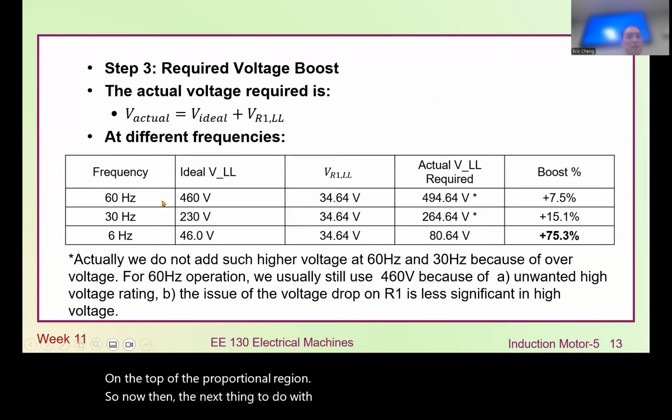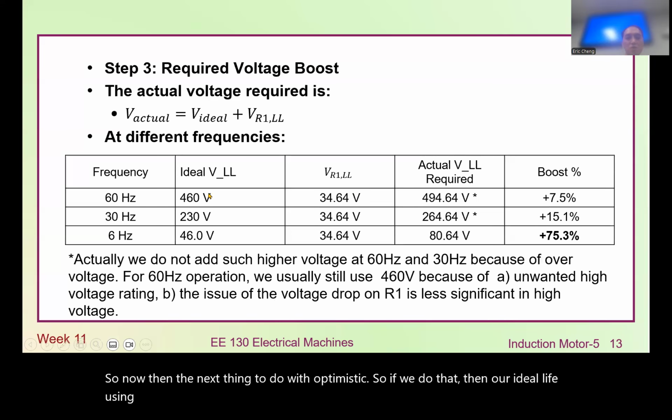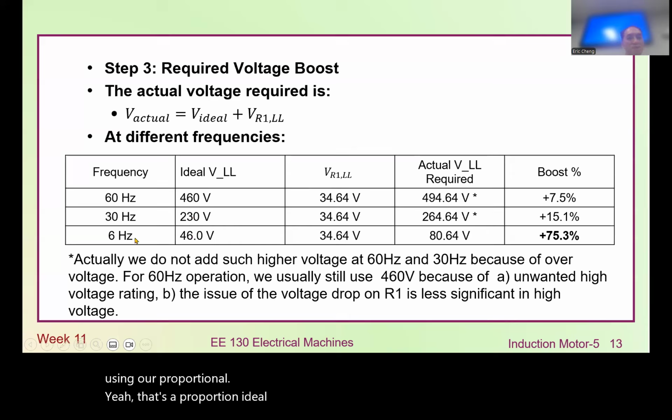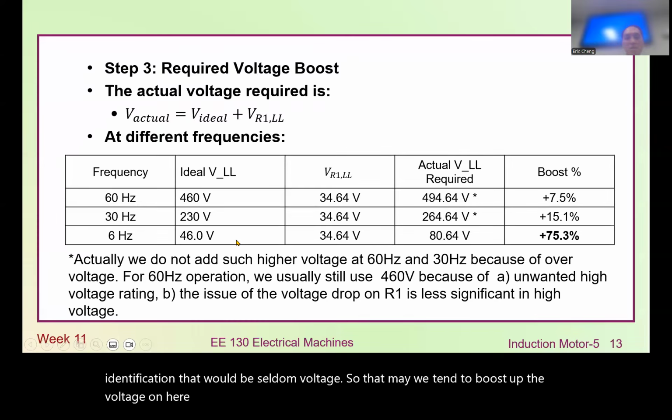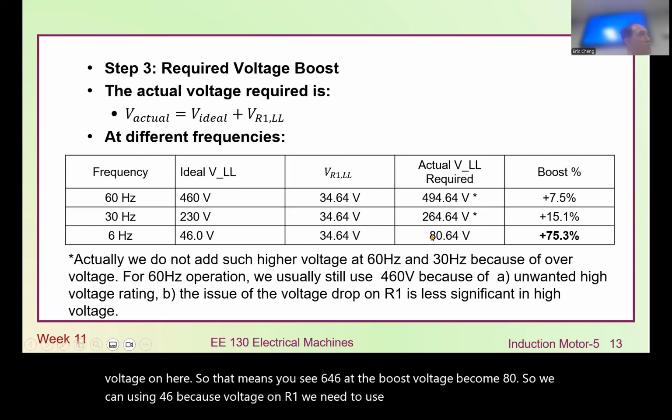Our ideal proportional line voltage at 6 Hz is 46 volts, and after adding the voltage drop we get the resultant voltage. So we boost up the voltage here: the 46 volts at the boost voltage becomes 80. We cannot use 46 because of the voltage on R1; we need to use 80 volts.